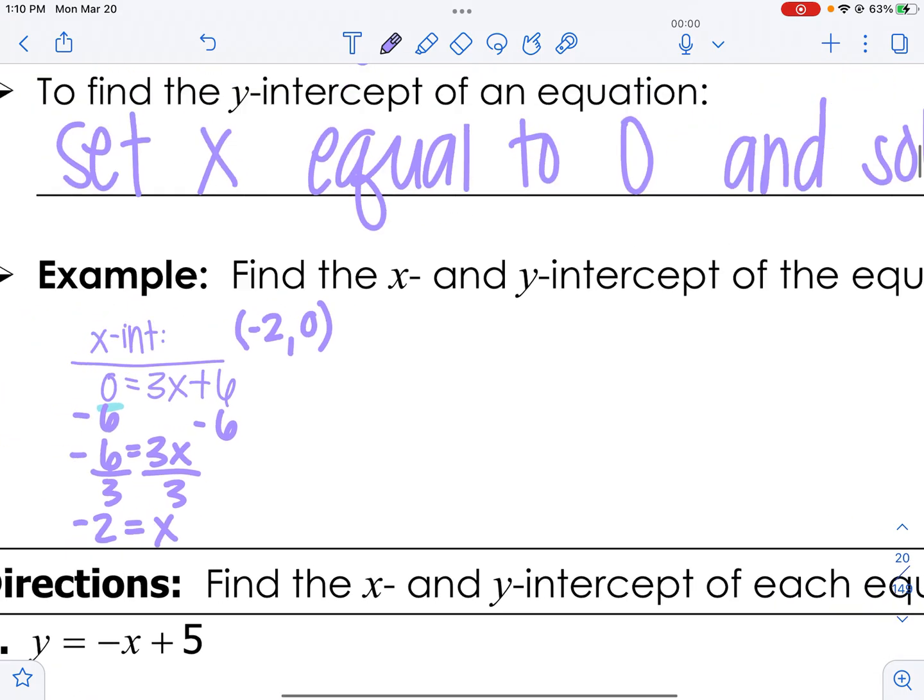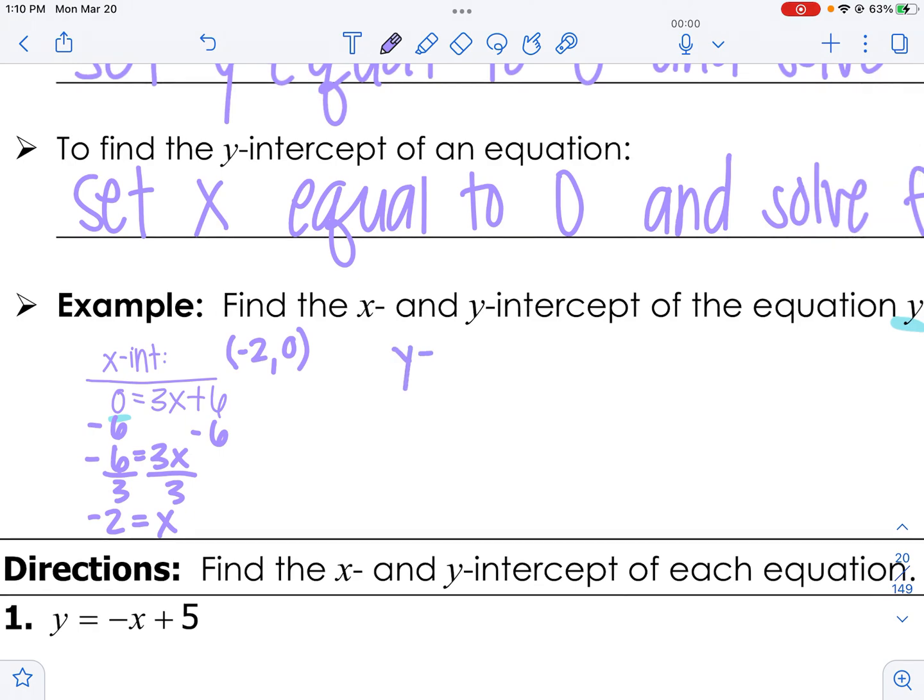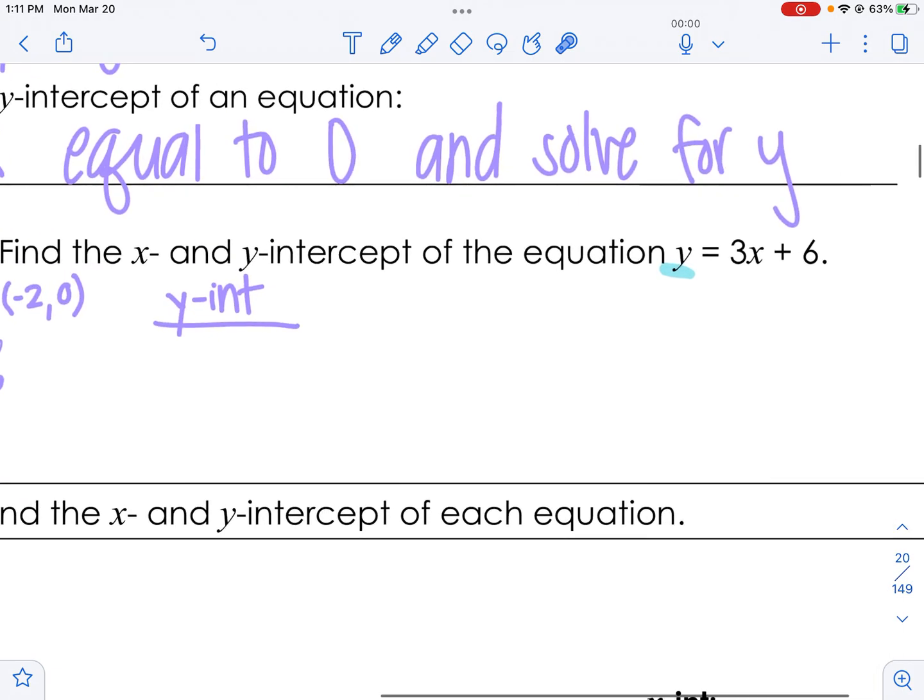For the y-intercept, it's similar, but I'm going to be setting x equal to 0. So in my equation, I'm going to have y equals 3 times 0, again substituting 0 for x, plus 6.